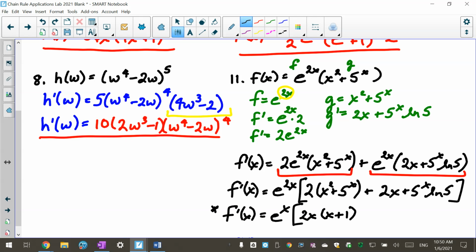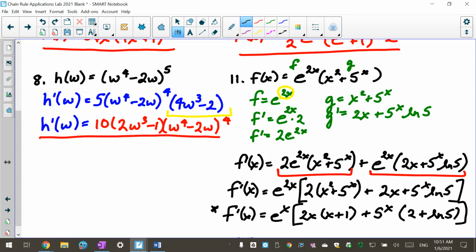So they did 2 of the terms with that, and then they took 5 to the x out of the other terms, and then they had 2 plus ln 5. This is what the answer key was, and I wouldn't make you do that, but I found it interesting, so I thought I'd show you that because that's one way they did it.